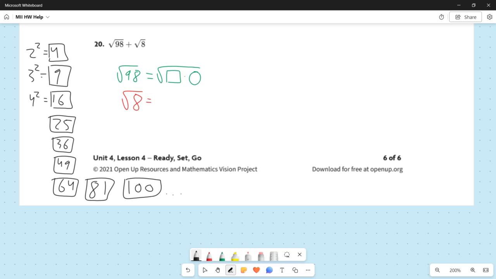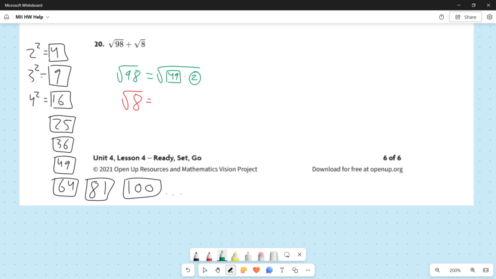However, 98 divided by 49 does work, and then your other factor here is a 2. And that's easy enough to check because 49 times 2 is 98. Okay? So what we've done is we've found the largest square number that goes in evenly into 98. That is 49. And we have a 2 left over.